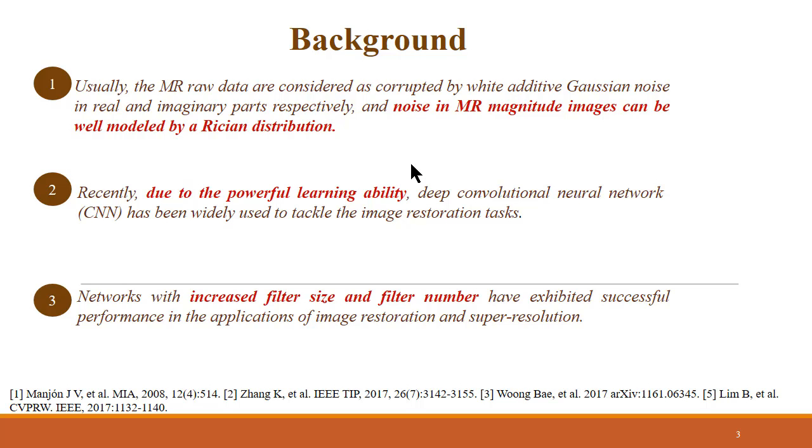More recently, due to its powerful learning ability, deep CNN has been widely used in image restoration tasks. Especially some advanced models with increased filter size and filter number have exhibited successful performance in image restoration and super resolution.